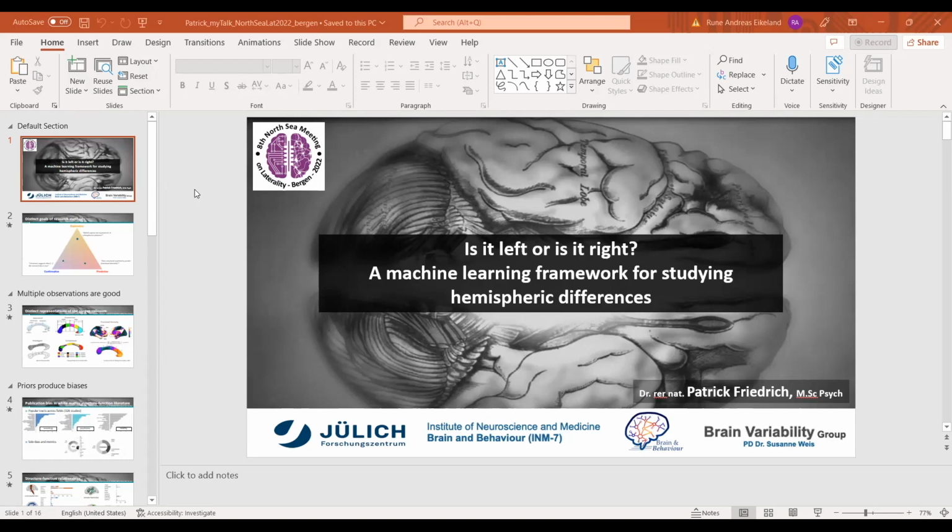And instead, we need to reduce dimensionality because of multiple comparisons by just looking at some single areas instead of the entire brain, which obviously decreases the potential for finding new findings. Also, the choice of parcellation when we're going this route to decrease dimensionality matters because there are multiple parcellations out there. And in the end, such an univariate comparison approach is unlikely to tell us anything about global hemispheric differences.